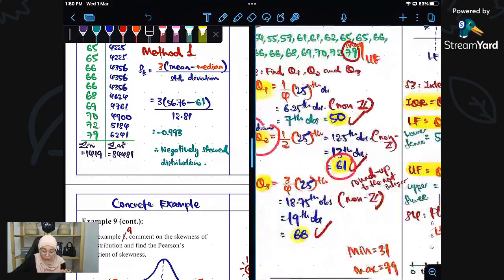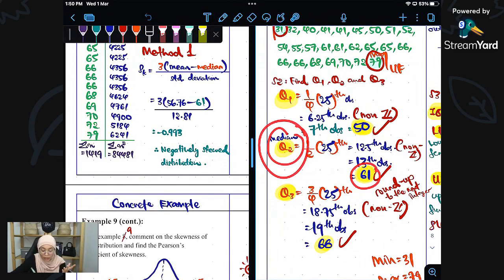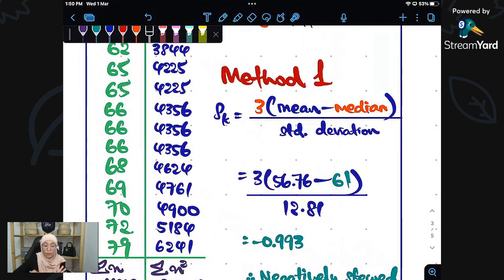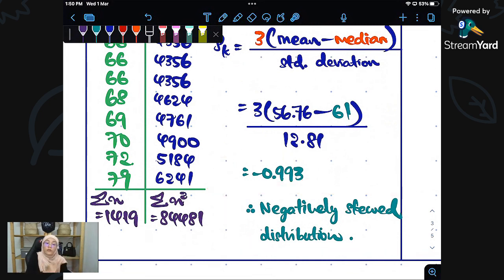So basically you tak ada cari mode pun soalan ni, you cari median. So kalau you cari median, you pakai sajalah nilai median yang you ada, which is 61. You tak perlu susah payah cari mode. So you use whatever you have, and then eventually your SK bernilai negative 0.993. So therefore, as a conclusion, you comment it as a negatively skewed distribution.